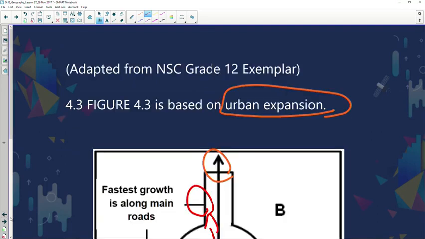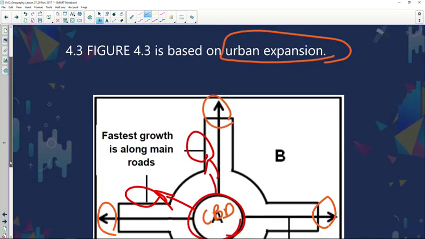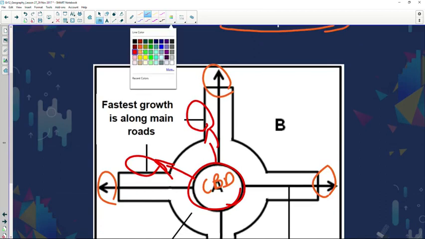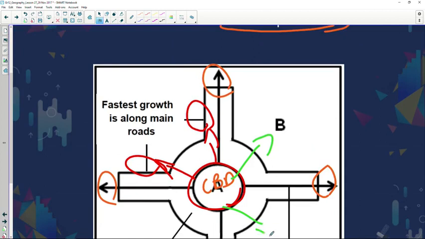I just want to go back to Area B. As you can see, where do we find Area B? It's on the outskirts of the CBD. So it's actually on the outskirts of the transition zone as well, because this transition zone, we know it's already expensive.